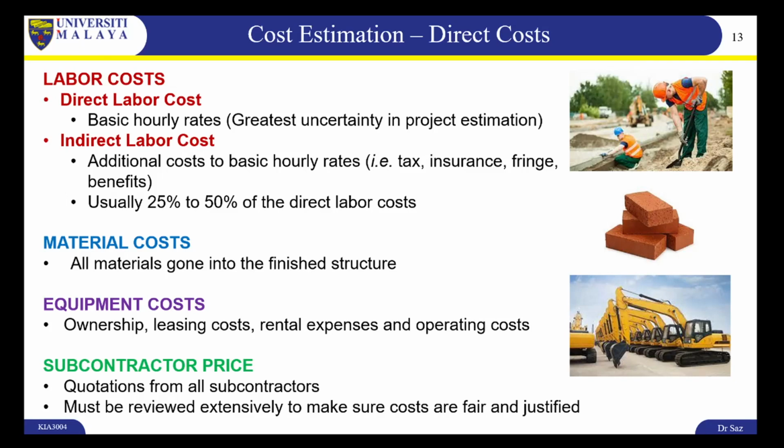And lastly, there's the subcontractor price, which usually in a big construction project, the construction firms may subcontract or employ subcontractors to do other parts of the work. And when these subcontractors have finished their work, they'll give quotations to the main contractor to get their payment. So these must be reviewed extensively to make sure that the costs are fair and justified.